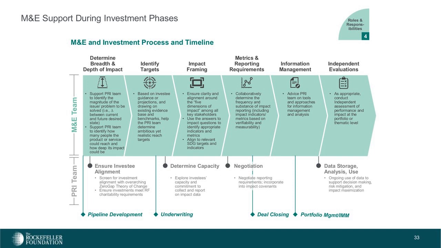And that is happening in tandem to what the PRI team or the impact investing team is optimizing for in terms of ensuring investee alignment. And that is happening during the pipeline development process. And so as this plays out, we would then know what we will be doing with the information once it gets into our databases and be able to manage the impact.